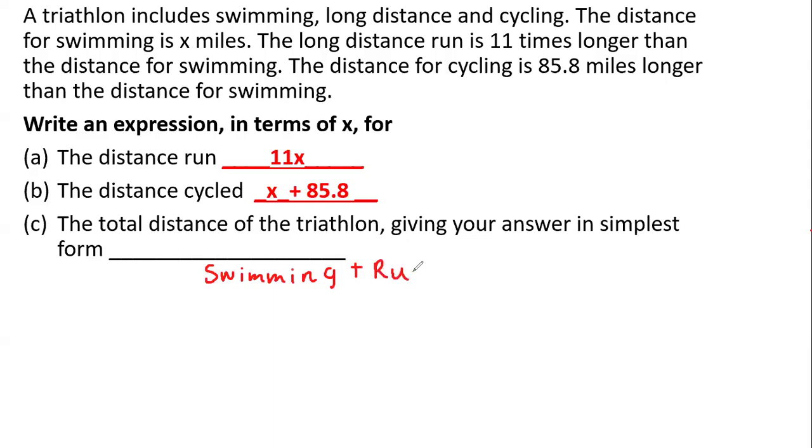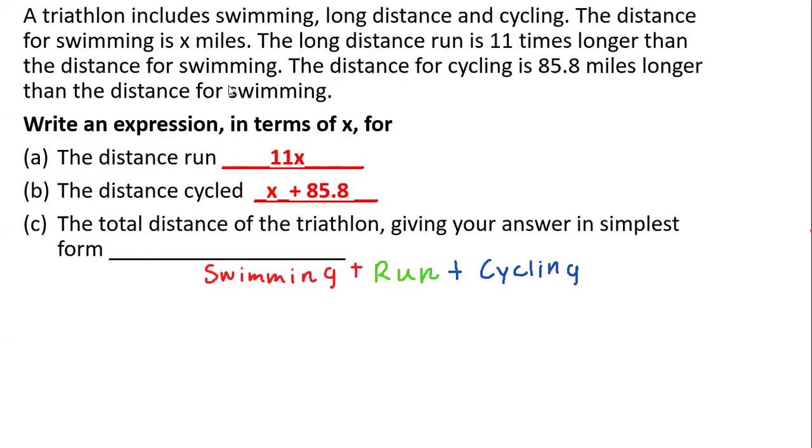And what's the other thing that we have to look at? Cycling. The distance for cycling. Very good. So let me change the color. I'm going to put in green. I put my answer inside the chat. Very good. Anyone else? Y'all could also put your answers as well, if y'all got it. So we have the swimming, the running, and the cycling.